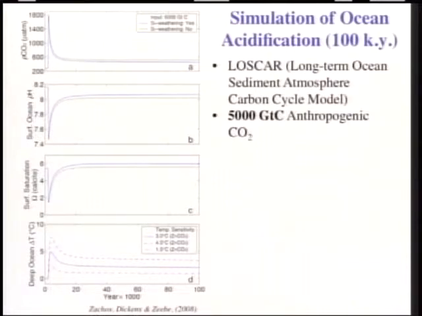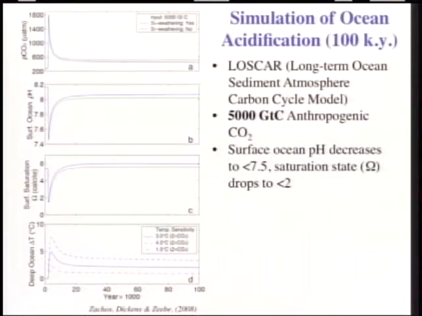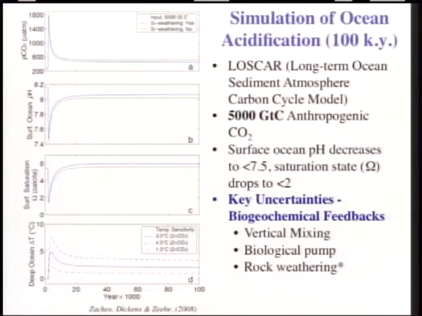And of course you get these associated changes in pCO2, surface ocean pH drops. This shows a change in the saturation state of the ocean. The pH is decreasing to less than 7.5.